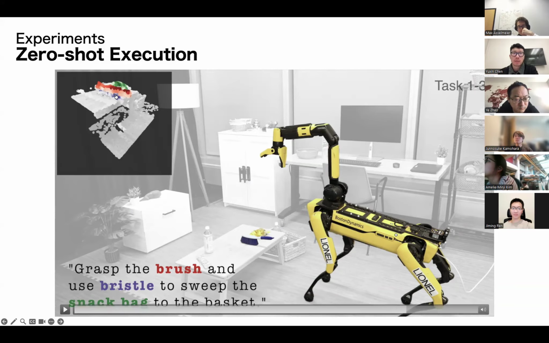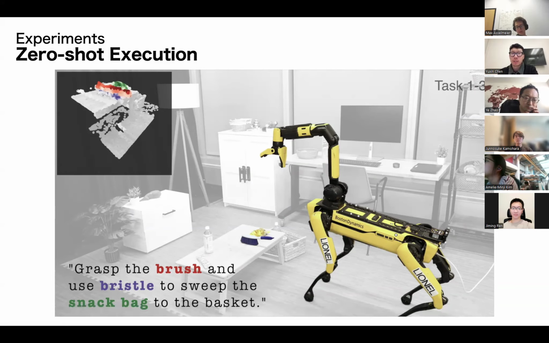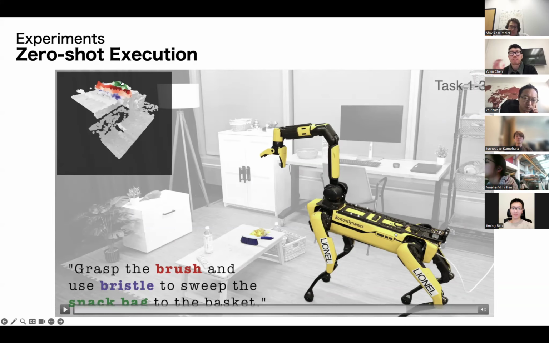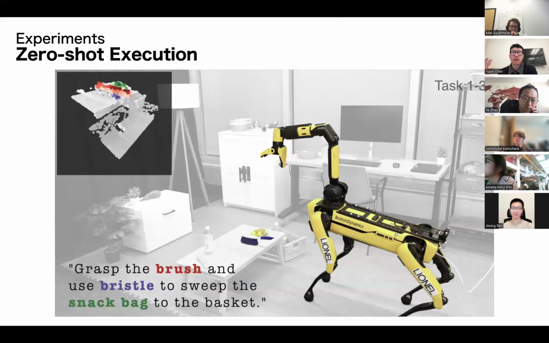So the bristle is highlighted as purple, and the green is the indirect contact, which means we try to use this bristle to have contact with this green bunch of point clouds. For the policy part, it doesn't really need to know whether it's the snack bag, or it's a puppet or something else.